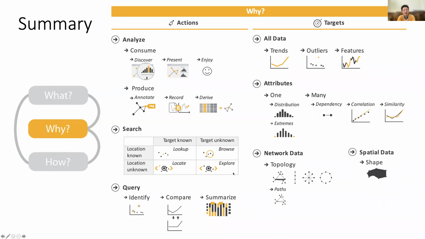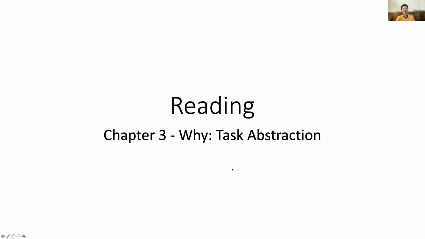That's a very specific meaning of explore. Not explore in the common English word. If you use explore as a common English word, then you're probably not going to get any mark for that part of the coursework. Okay, so in terms of reading, this is chapter 3 of the textbook, talking about why and task abstraction.